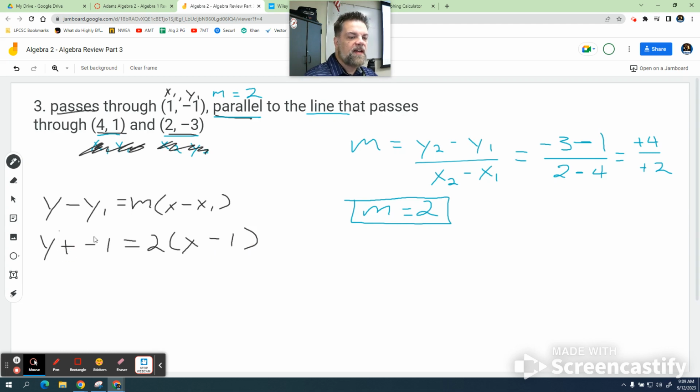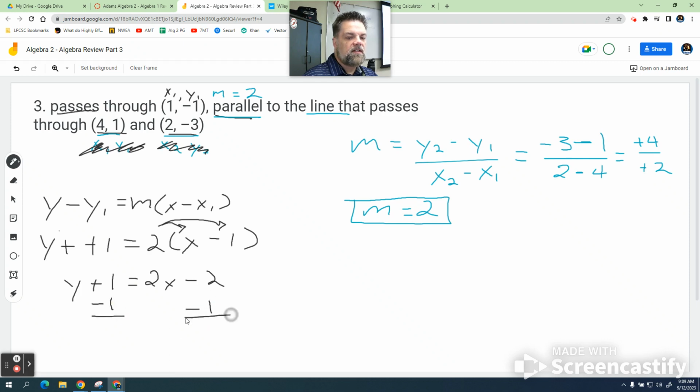When you minus a minus, it's really a plus, so this becomes y plus 1. Distribute the 2 through the parentheses. 2 times x is 2x. 2 times a -1 is -2. We're going to subtract 1 from both sides. And we get y is equal to 2x minus 3, right?